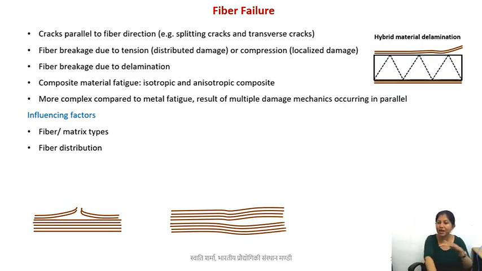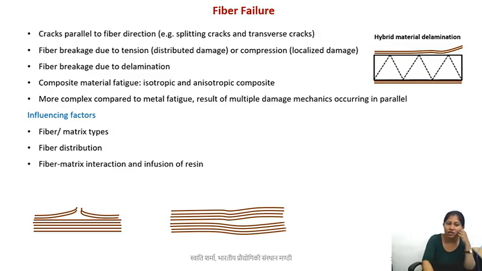So you ultimately have a laminate, and a laminate does have a certain direction. The properties in plane and out of plane will be different, but at the same time you do not have a perfectly anisotropic material either. So the fiber distribution also plays a significant role in deciding what will ultimately cause the failure.